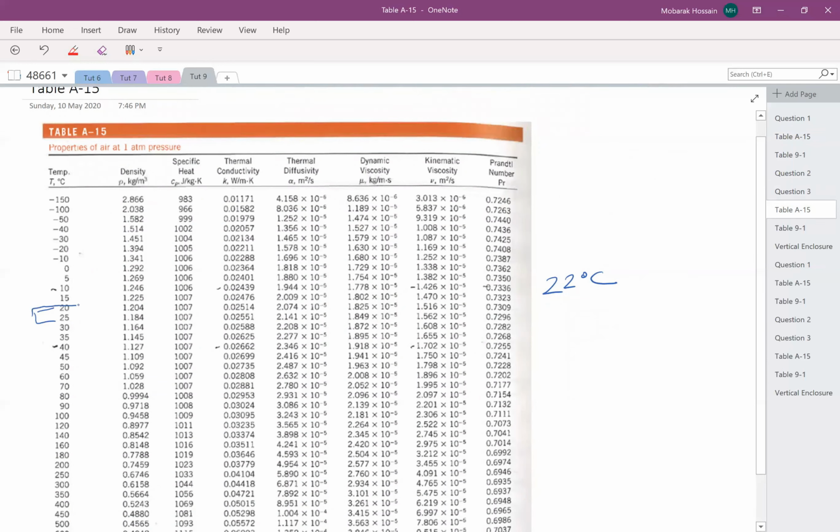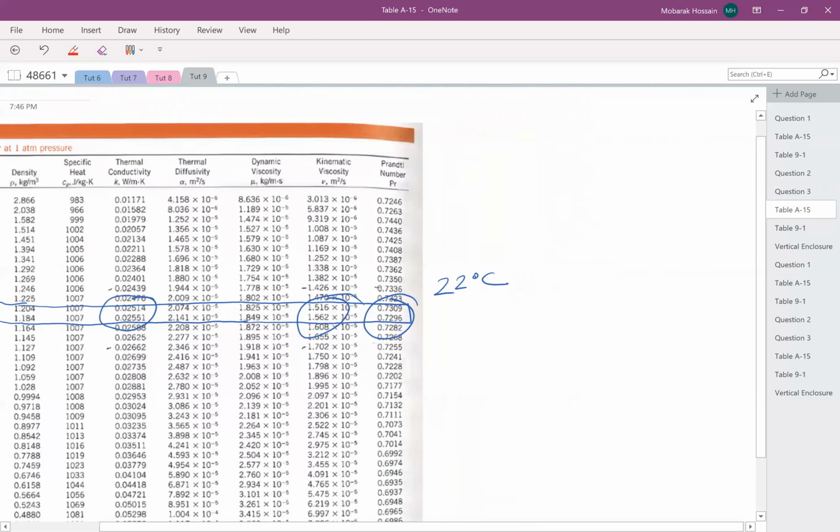So we can use this temperature data, and from here we can calculate for 22. So we need the thermal conductivity, viscosity and the Prandtl number.